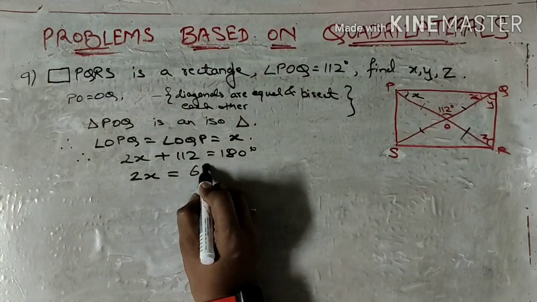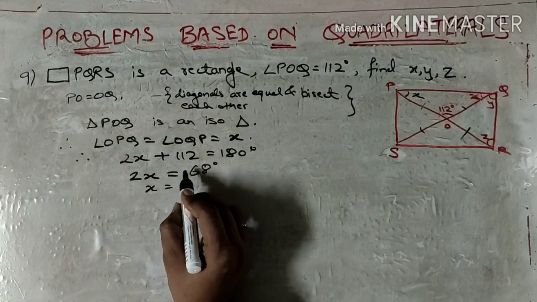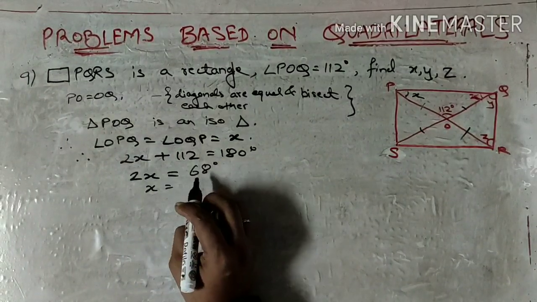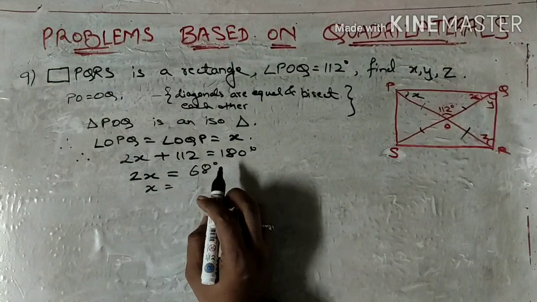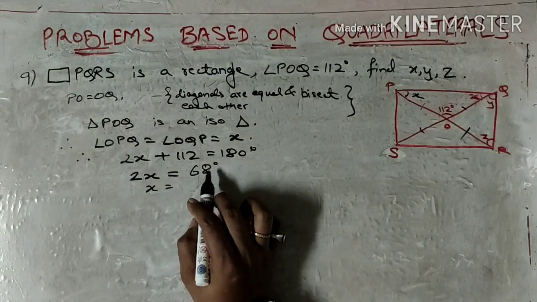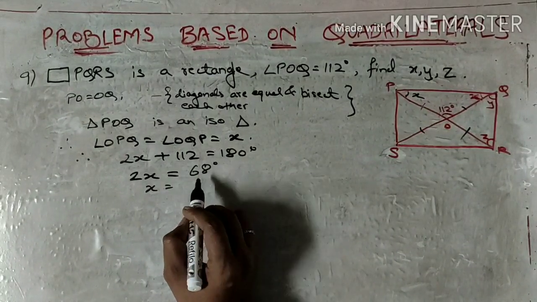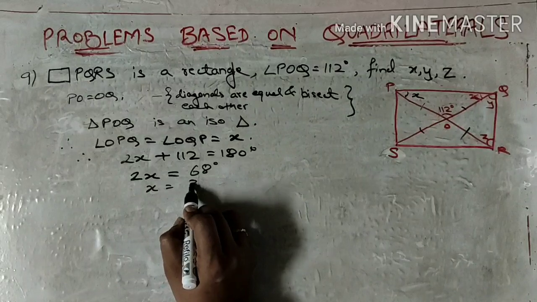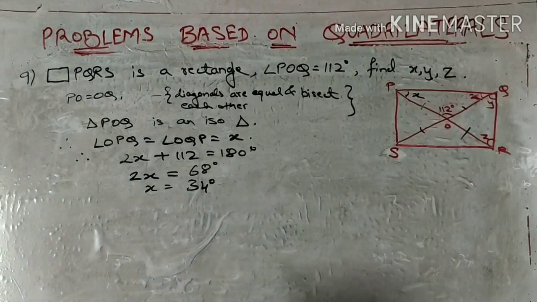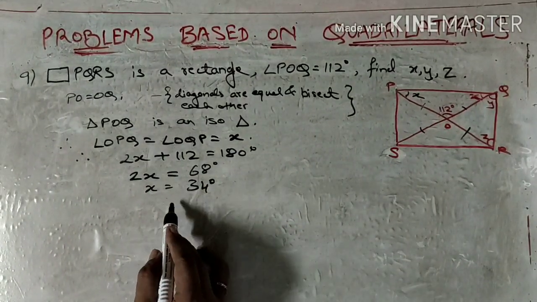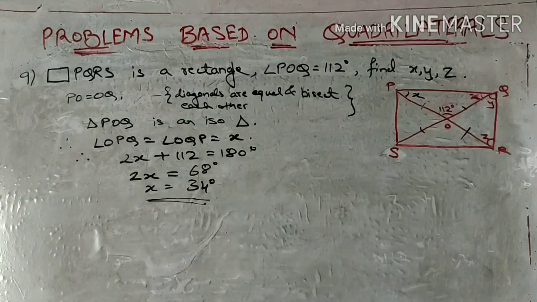So X is nothing but 68 divided by 2. 2 is multiplied on this side, so the other number will get divided by 2 on the other side. 68 by 2 will give me 34 degrees. We got the value of X.